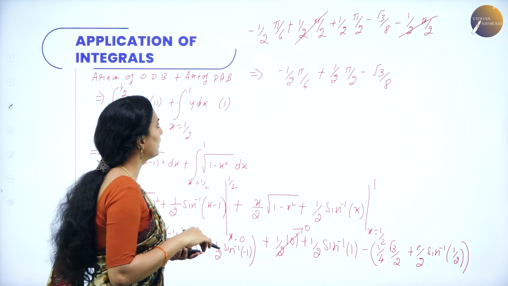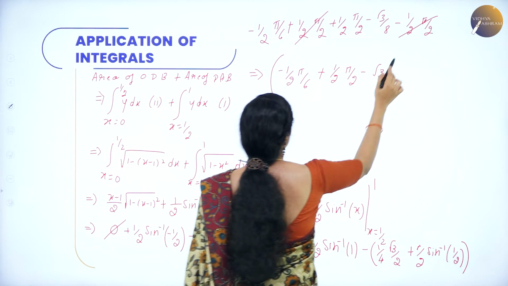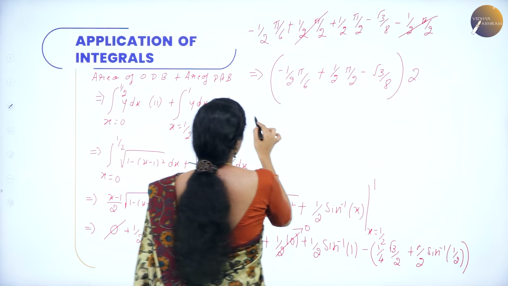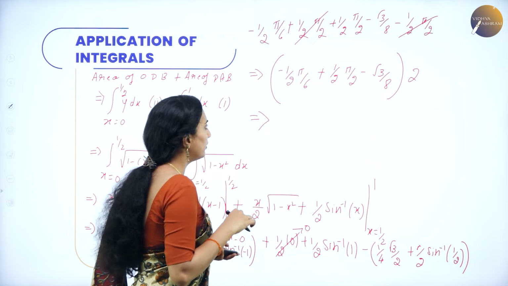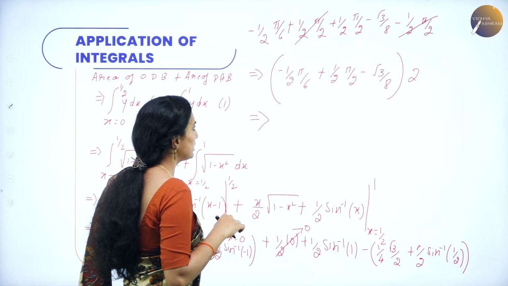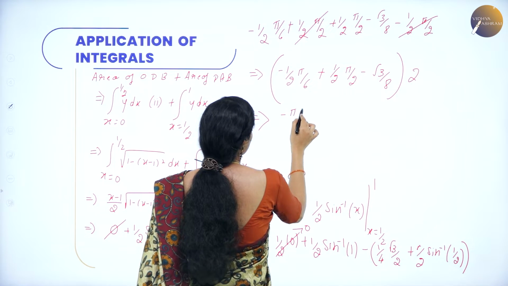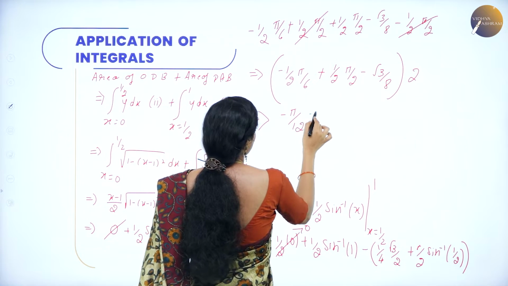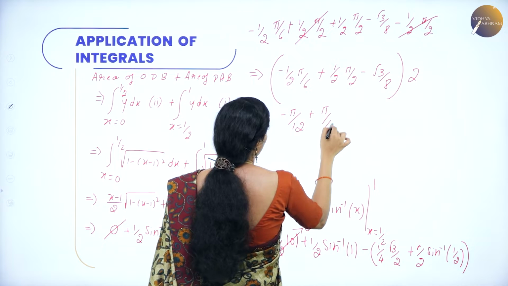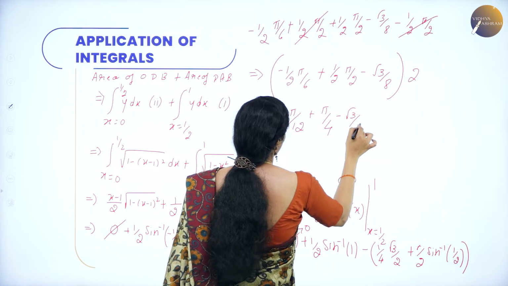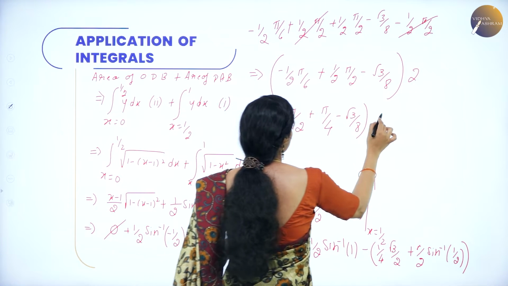Let us multiply directly, which will be into 2, correct? So you can simplify this one. If you simplify, you can take it as minus half, which is minus pi by 12, plus pi by 4, minus root 3 by 8 into 2.